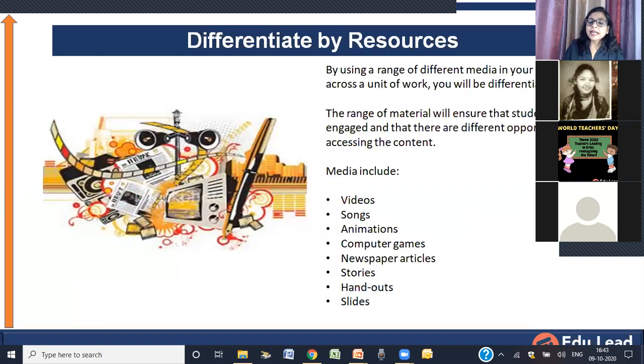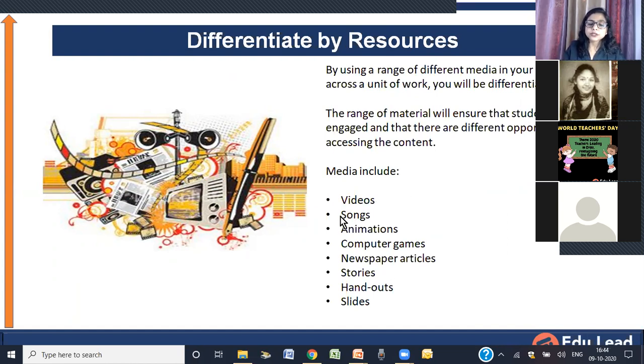And finally, this is the last one, and that is differentiate by resources. When I'm saying differentiate by resources, here the teacher brings in as many different varieties of resources as possible. The more resources you use inside your class, the more interested your children will be and the better they will learn. What is the range of material that you can use inside the class?